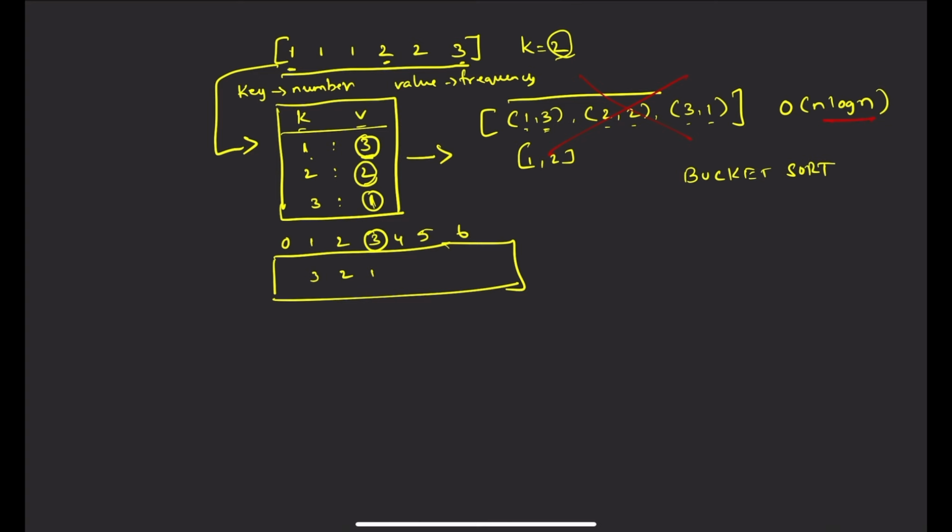But we should know how big this array should be. So think about this. Let's say this is not your problem. This is your problem. Input array is this, all ones, 6 ones. Now 1 appears 6 times. Now if we construct a bucket array of the same size as the given array, we'll have only 5 indices, right? Because it's 0 indexed.